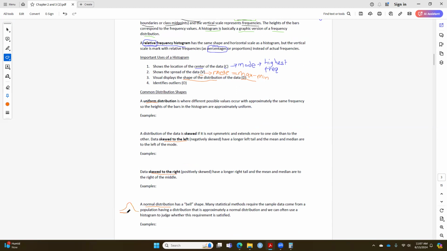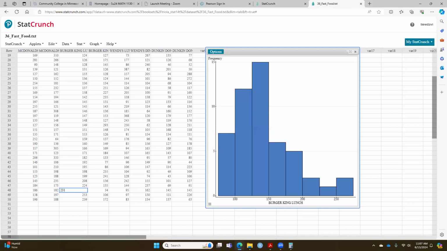It means that your frequency goes from low and then high and then low, and then it is symmetrical, what we just mentioned that you learned. And you can tell that by looking at this. Is this normal? This is not normal because it is not a bell shape. Okay, it's not symmetrical.